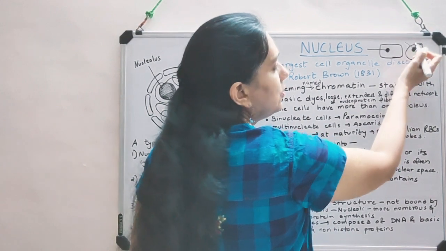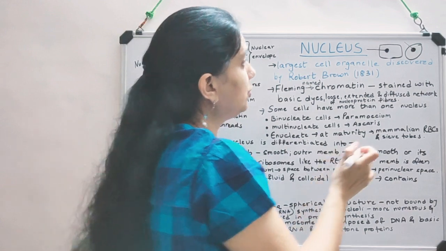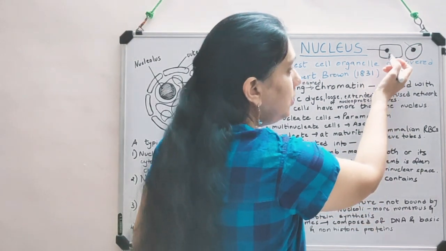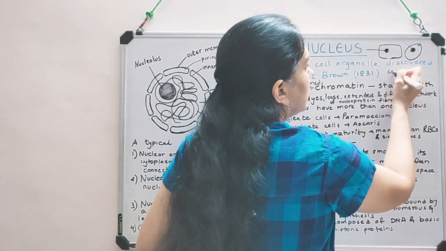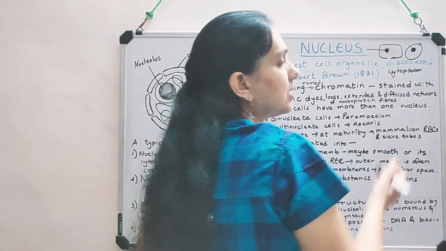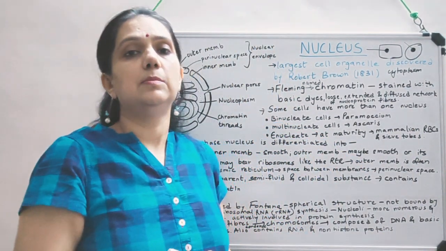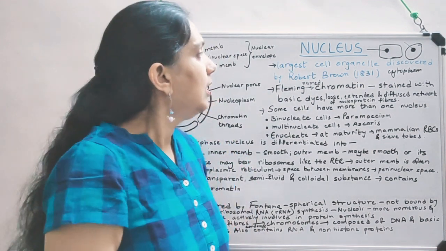So this is also nucleus. Now the white portion which you see around the nucleus, that portion is called as cytoplasm. And the structures inside the cytoplasm, they would be called as cell organelles.